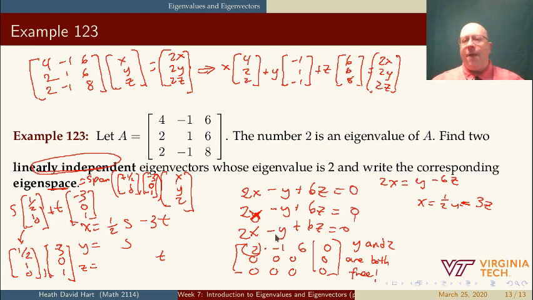And in this example, all three equations became exactly the same, so that the echelon form had 2 rows of all zeros and 2 columns that were free. Because we had 2 columns that were free, we had 2 different vectors in our spanning set, and the eigenspace is a span of both of those 2 vectors.